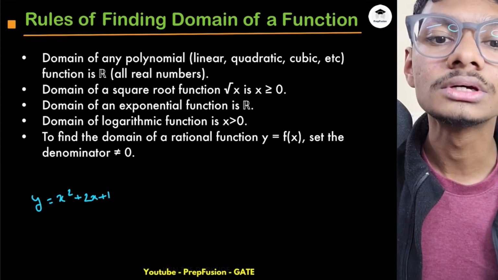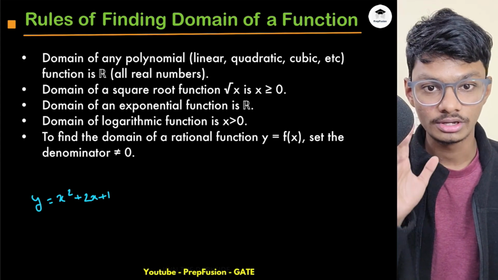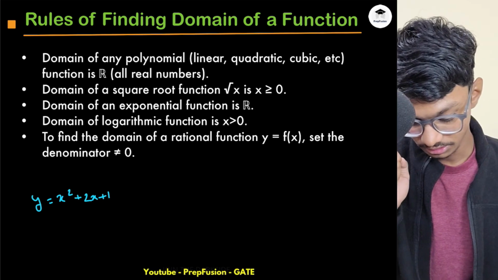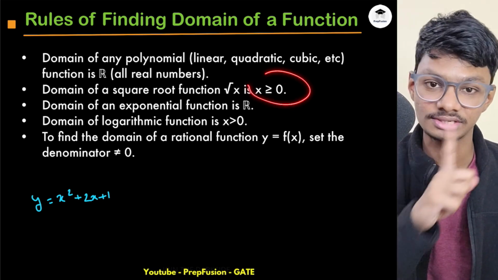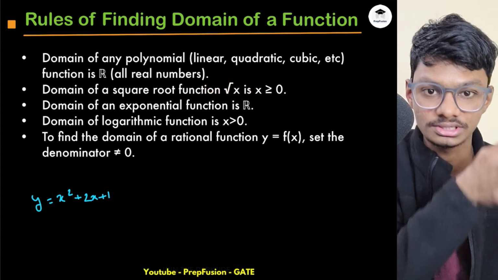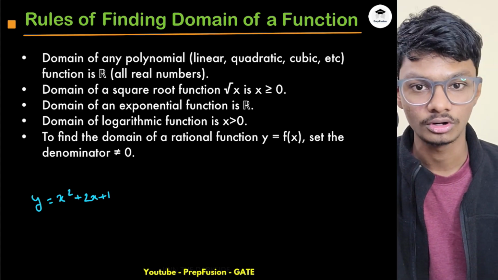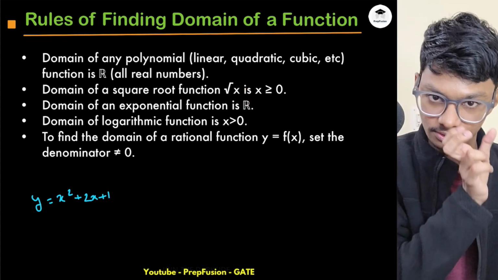If I want my y to be real, that means x has to be greater than 0, because if x is less than 0, it will become an imaginary number. Basically, the square root of a negative number is an imaginary number. We don't want that. We want our output to be real in this case, right? That is the reason why x is greater than 0.